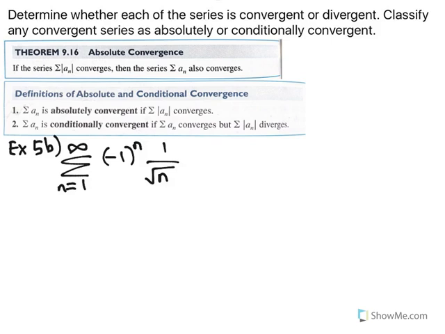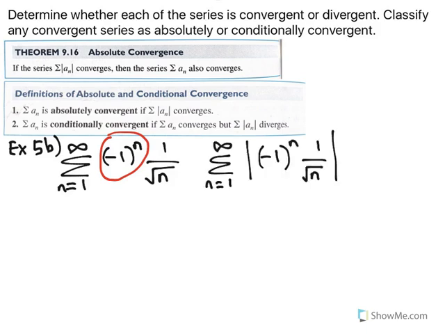Example 5b, determine whether each of the series is convergent or divergent. Classify any convergent series as absolutely or conditionally convergent. So when you look at example 5b, you recognize the series to be an alternating series. And it's pretty easy to show that this alternating series converges by the alternating series test. But we can skip that for now and consider the corresponding absolute value series.